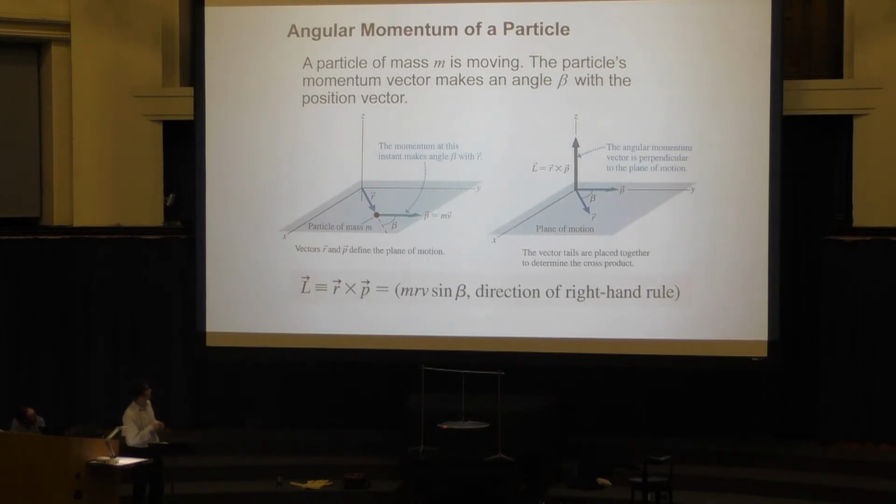L equals r cross p. So for any object, you can define both its momentum, m times v, and its angular momentum about some axis, r cross p, where r is just the position of that particle relative to some origin.